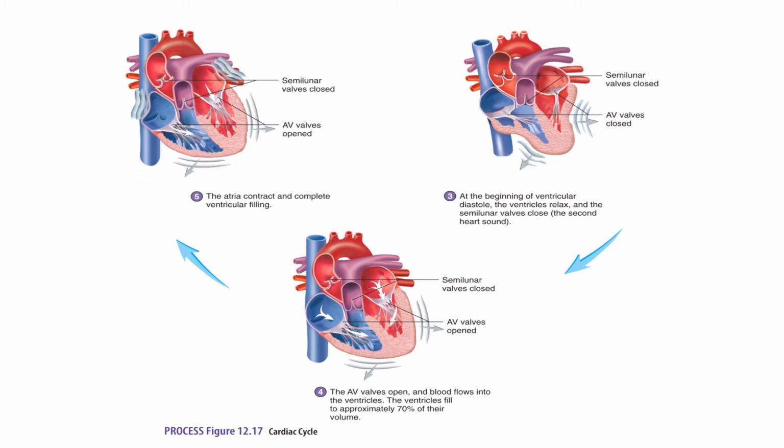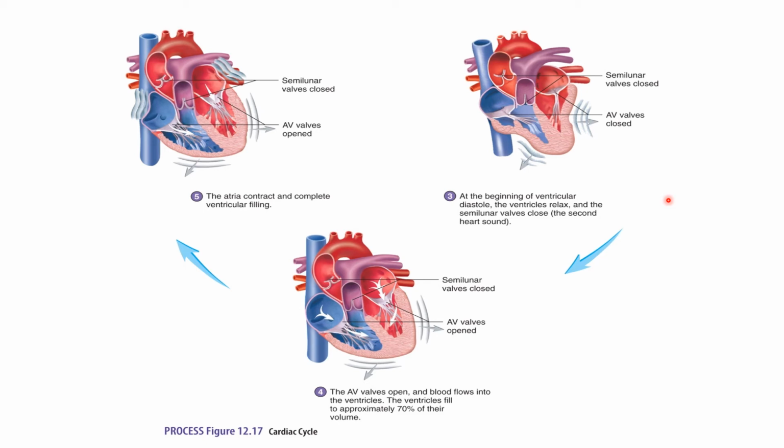So, this one, yung susunod. After the third part of the contraction, so at the beginning of the ventricular diastole, the ventricles relax and the semilunar valves close, which is the second heart sound. So, yung first heart sound, actually guys, ang turo sa amin nun, it's lub-dub, okay?